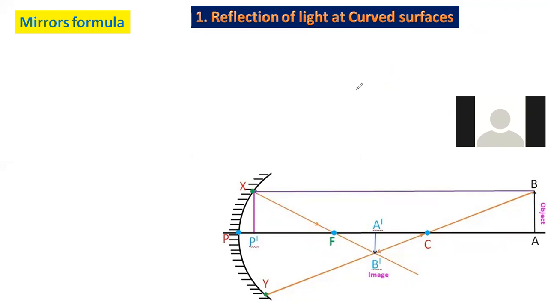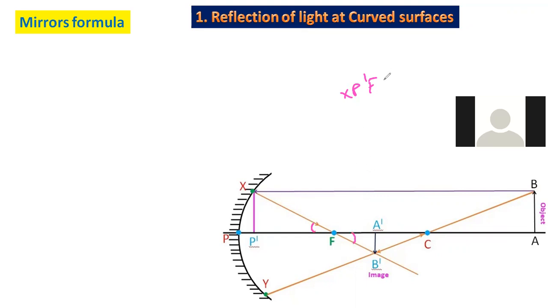P dash X F, A dash B dash F. Okay, this is one of the combinations. Any name you can take, no problem. One is X P dash F, so here the angle is there, and here its opposite angle is this one, right?